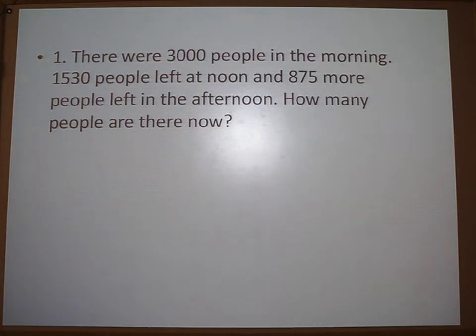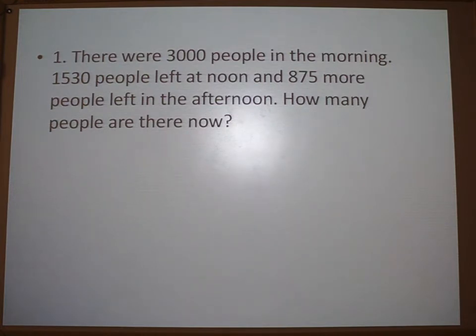So we need to read the question sentence by sentence. The first sentence: there were 3,000 people in the morning. It only provides us that information, which is the total number of people in the morning.